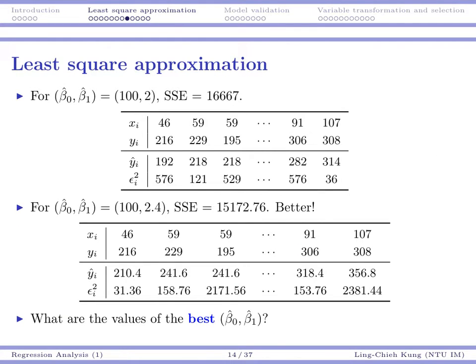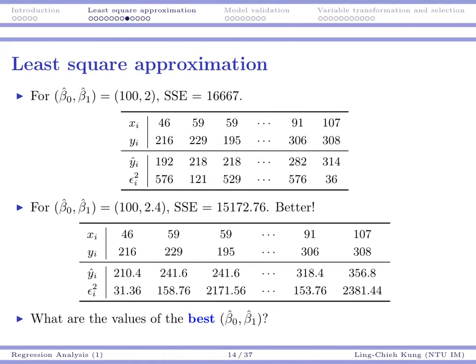As an example, when we have 102 as our estimate, we can do the calculation for y hat i all here and get the epsilon i and epsilon i squared. If we sum up all of them, that's going to be this number, 16,667. If we choose a different set of estimates, 102.4, you may want to verify that indeed we are getting all these squared errors.